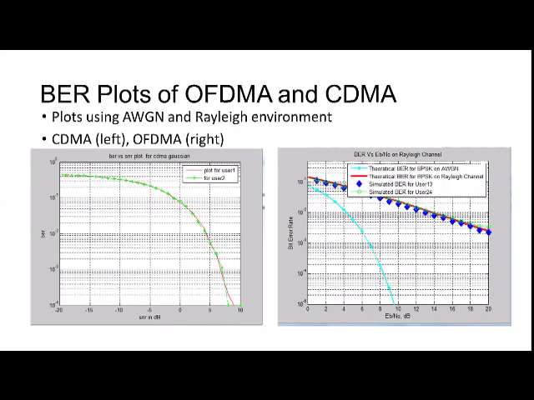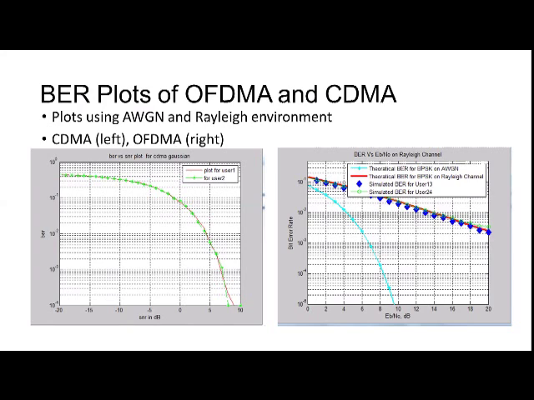And these are just the bit error rate plots of OFDMA and CDMA that I made in MATLAB. As you can see, one is for Gaussian on the left, CDMA, and then on the right is OFDMA. I used just Gaussian channels, AWGN channels, additive white Gaussian noise channels, which is a typical noise channel without taking into account several multipath delays.